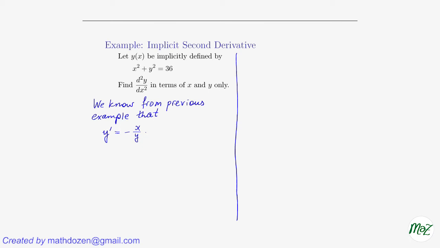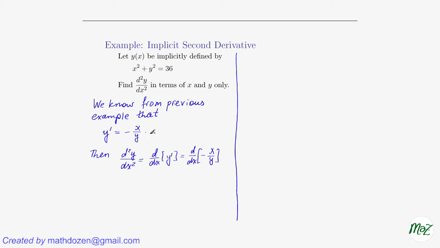What do we know? We know that the second derivative is the derivative of the first derivative. So d squared y over dx squared is going to be derivative with respect to x of y prime, and in its turn it should be equal to derivative with respect to x of the right hand side.